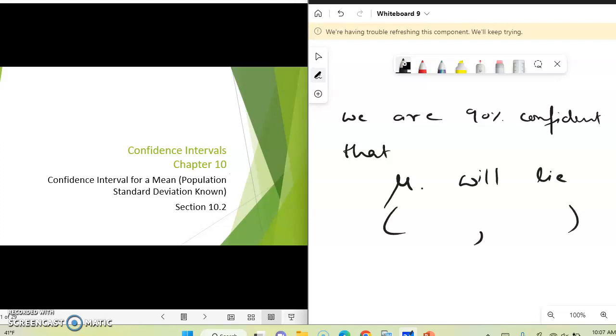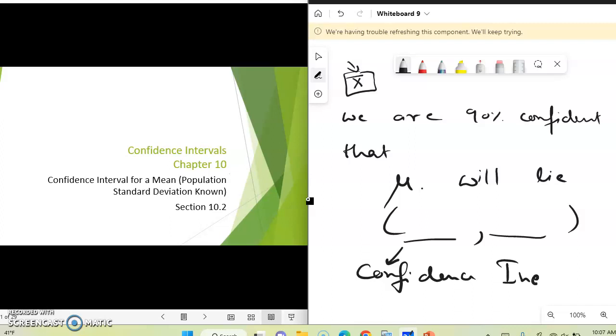So instead of telling a specific mean, which is too difficult to say, we give a range of numbers, and the mean of the population will lie between those two numbers. That's a better option. So that is called a confidence interval. Instead of giving one estimate, we find a range of numbers and say that the mean will lie within these two numbers.